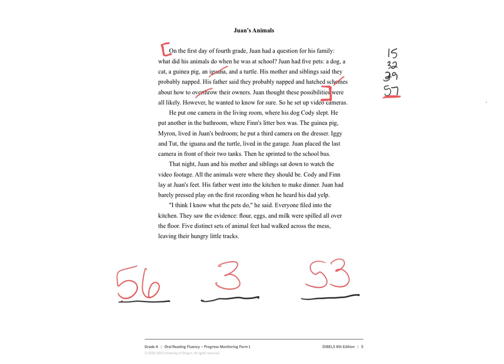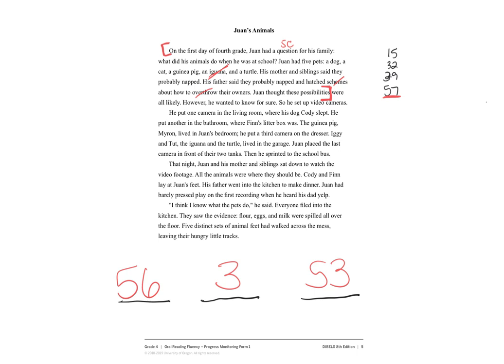Now, again, if you want to mark things like self-correct, like let's say they missed the word question, but then they got it, I could mark that as a self-correct. Those kind of things are just up to you whether you want that information. A couple of things to remember. If the child comes to a word, like let's say this happened with the word iguana, and 3 seconds goes by and they don't say anything or they can't get it or they're paused, you give them the word iguana, mark it wrong, and then let them keep going.